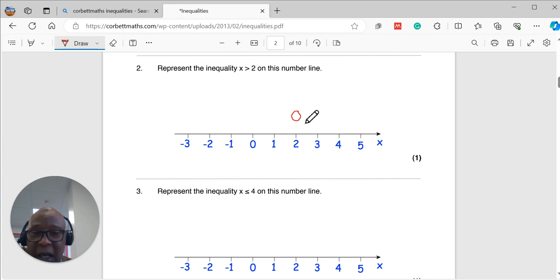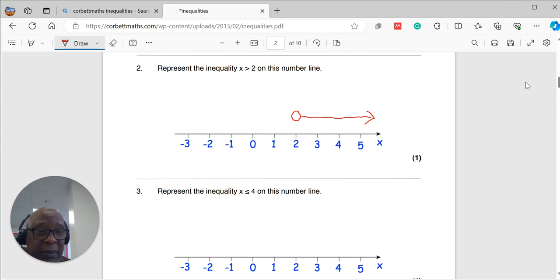So if x is bigger than 2, I'm going to leave the circle open, and then just draw an arrow for the remainder of the numbers in the positive x direction.